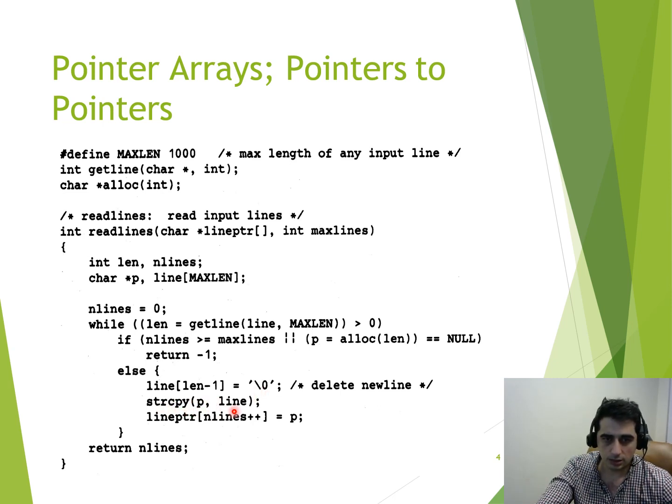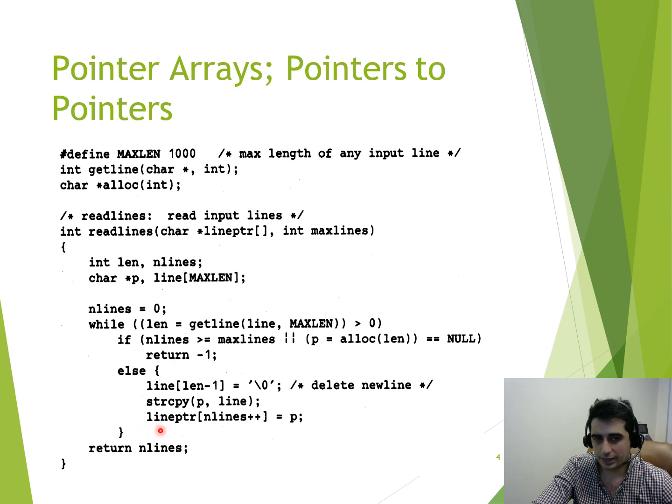Then we're going to copy line into p. p is pointing to the heap because p is the return value of malloc, and we use a strcpy to copy the line into that space.